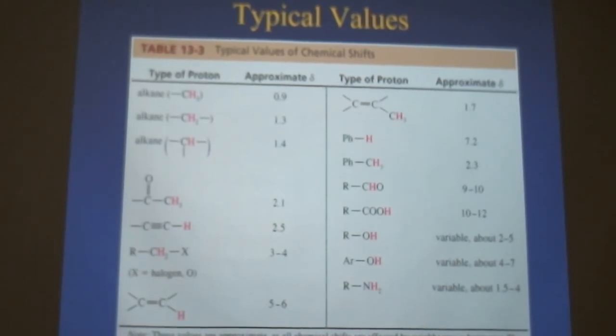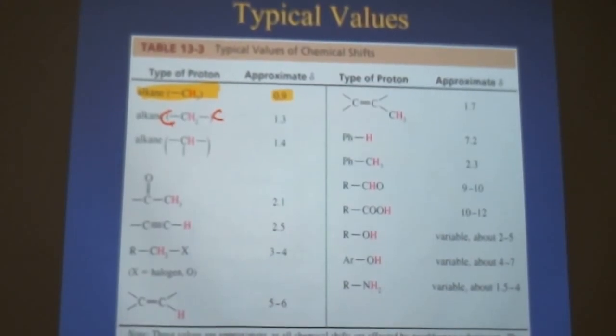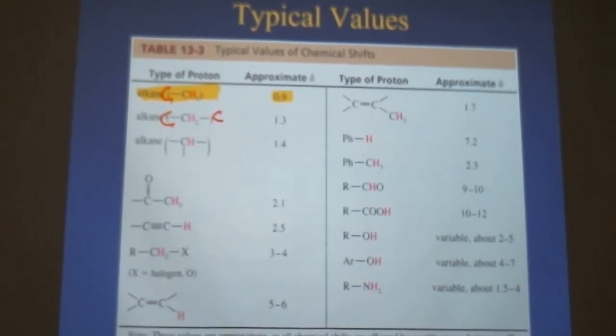Okay, so your typical alkane environment: hydrogens attached to an sp3 carbon. You can expect to come roughly around 1. Now, if this is a primary carbon, then slightly less than 1. As we add more carbons, we're looking at the hydrogens attached to a carbon that is attached, in this case, to only 1 carbon, in this case, to 2 carbons.